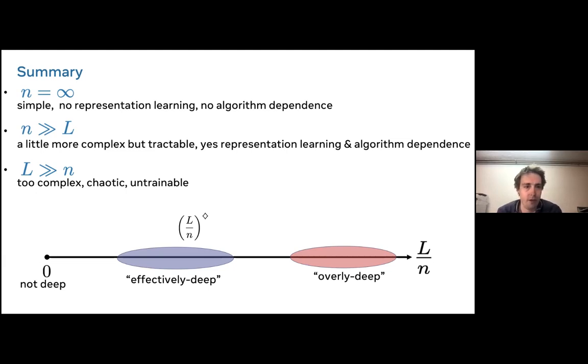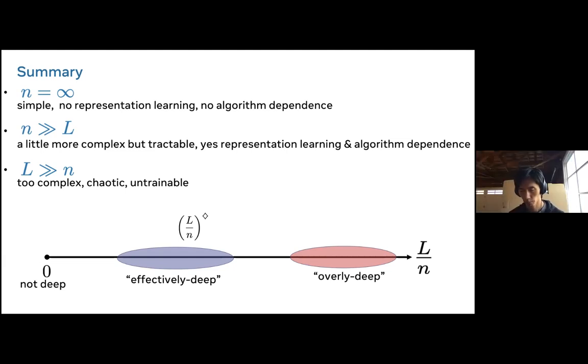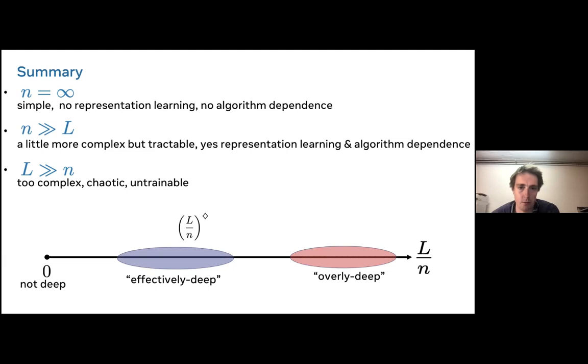I'd like to hear a little more of your perspective on the n equals infinity case, because the last two points, no representation learning and no algorithm dependence, I kind of disagree with, because there's clearly a dependence on how large the learning rate was, on what I'm learning. I mean, things like gradient explosions, etc.